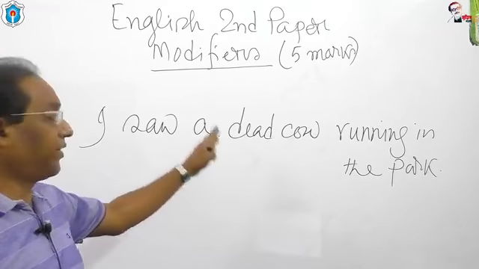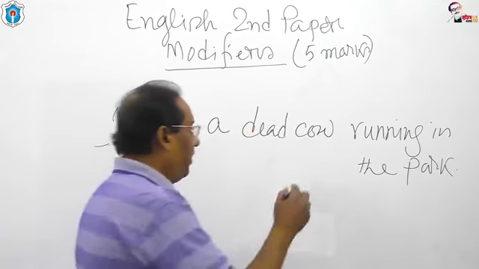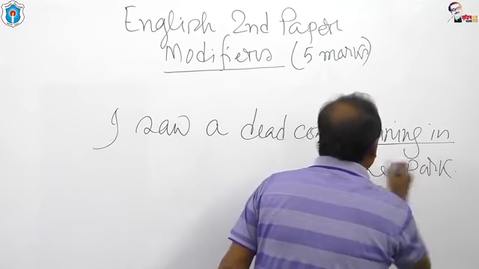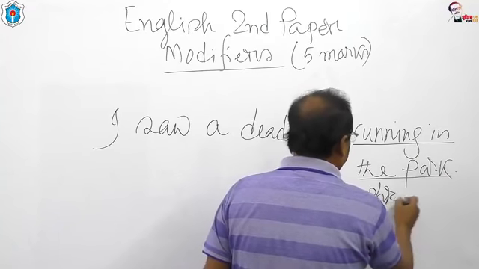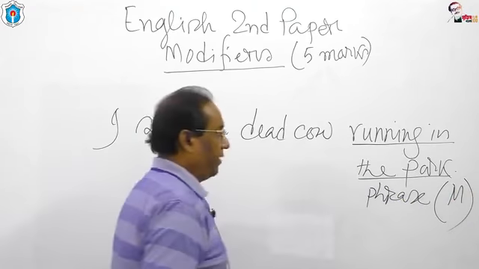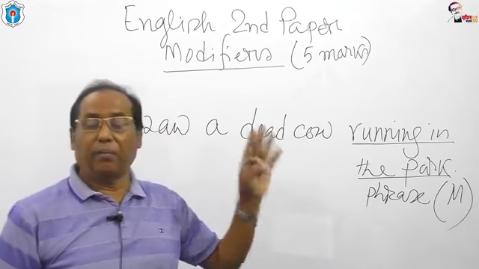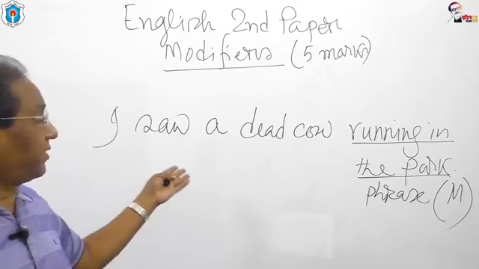I saw a dead cow running in the park. There is a modifier. This phrase, it is a phrase and it is a modifier, running in the park. Now, what is the meaning of this sentence?